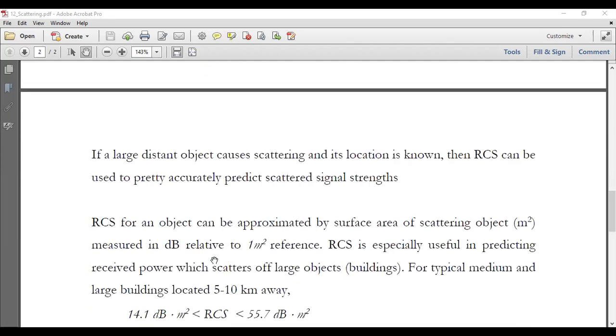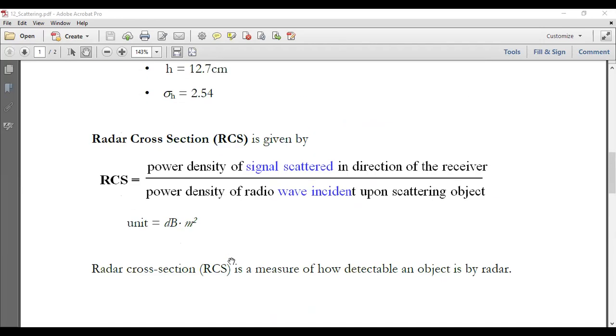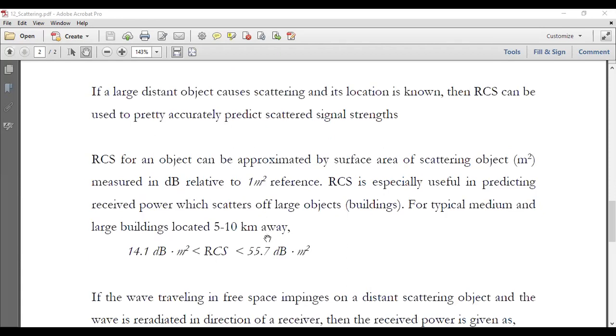If you have medium or large buildings located 5 to 10 kilometers away, then your RCS may range between 14 and 55, roughly. It depends on the surface quality and also on the surface size.